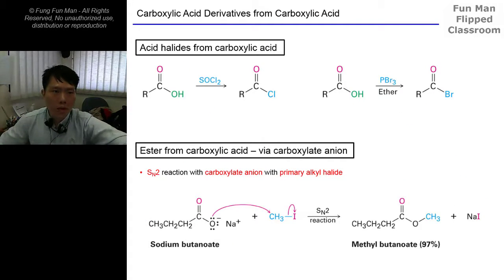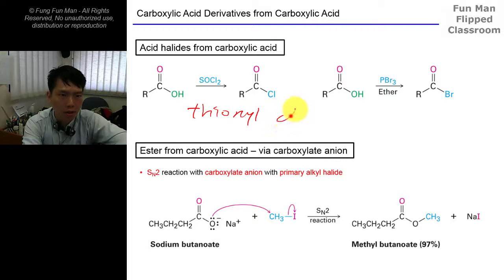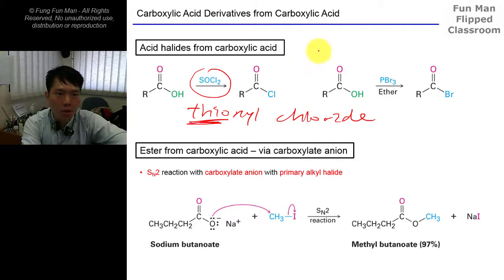So how do we make the acid halides from carboxylic acid? We use something called thionyl chloride. Let me spell it for you. Thionyl chloride, SOCl2. Now whenever you see thio, in organic chemistry, we know that it must have some sulfur inside.